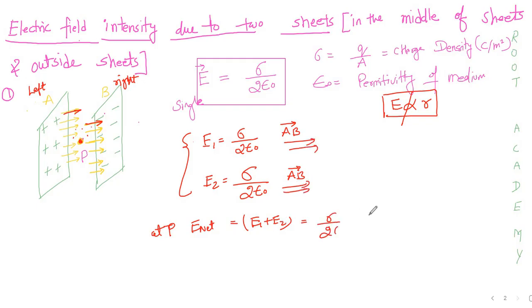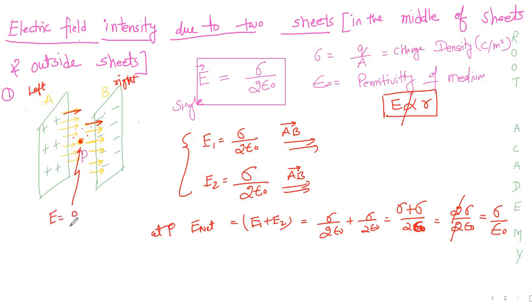So it will be sigma by 2 epsilon naught plus sigma by 2 epsilon naught. 2 epsilon naught is the LCM, so it is 2 sigma by 2 epsilon naught. The 2 and 2 cancel. So the net intensity is sigma by epsilon naught. This is very important: the net electric field is sigma by epsilon naught. We will use this in capacitors a lot.